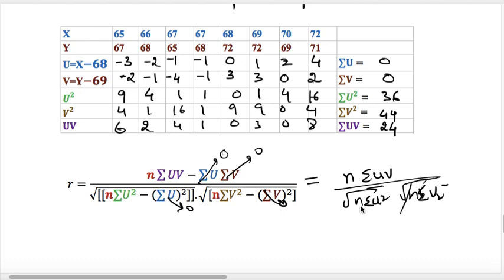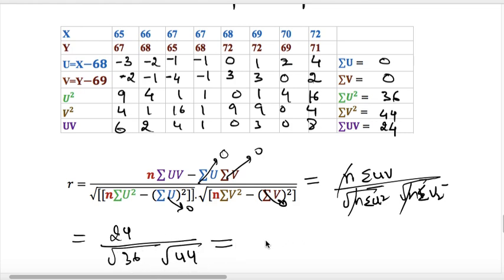In fact n and n will get cancelled. So my answer will be only 24 upon root of 36 root of 44. In this case when we simplify it, we will get 0.603. So that is also a moderate positive.